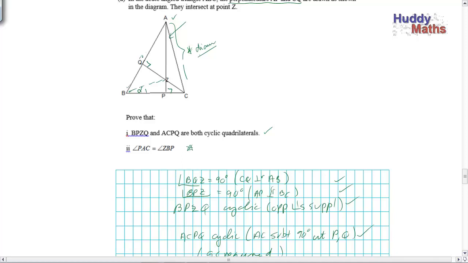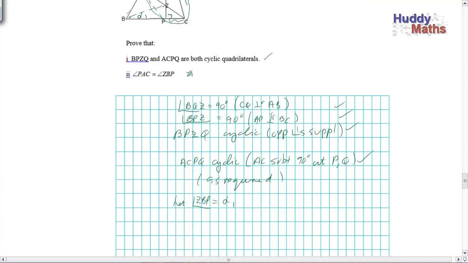Now, we've got some cyclic quadrilaterals, so PQZ, this one in here, is alpha 2 because of that cyclic quadrilateral. And then, can we get up to the big one? Oh yes, because in the big cyclic quadrilateral, we've got subtended by PC, so that'll be alpha 3. We should try and write it down.